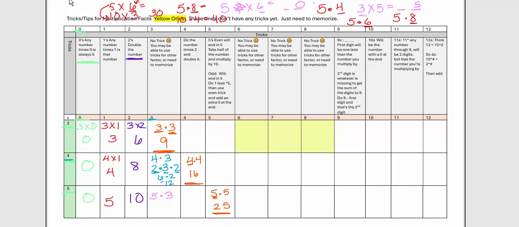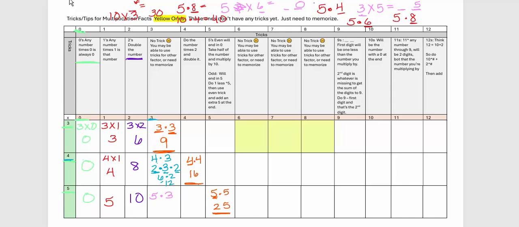So remember, when you're multiplying by 5, you can cut the other number in half and multiply it by 10. So let's use that trick for the problem that we're looking at down below.